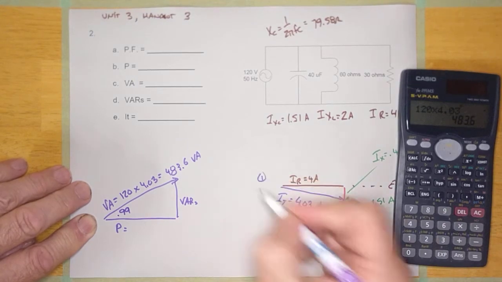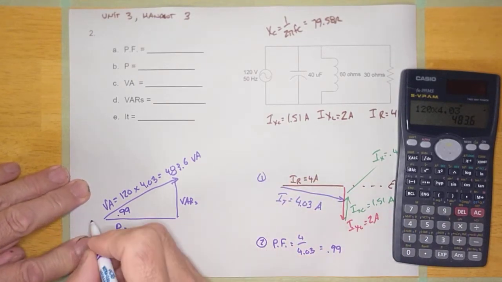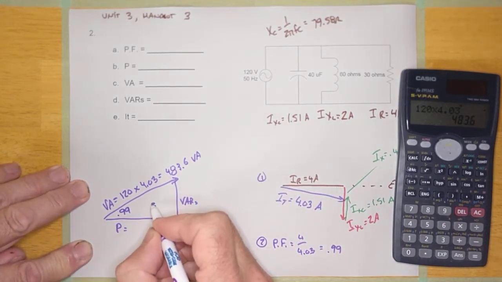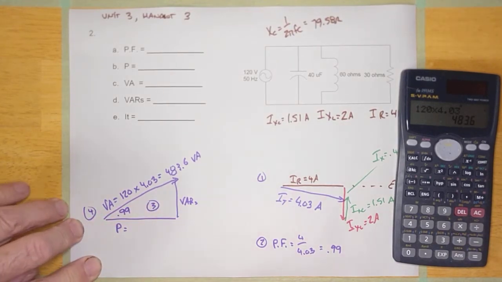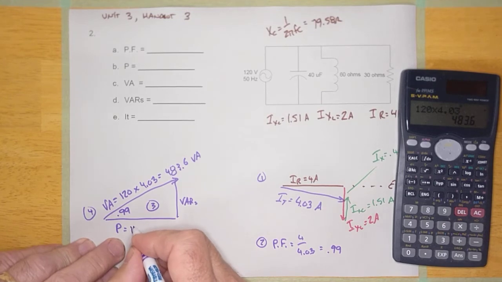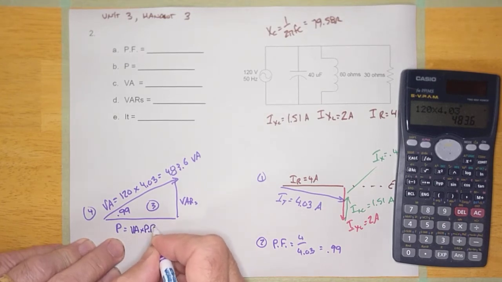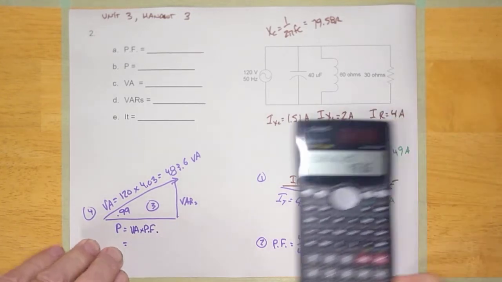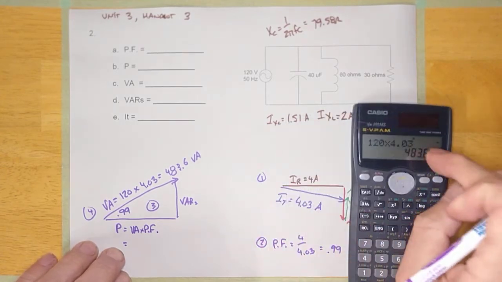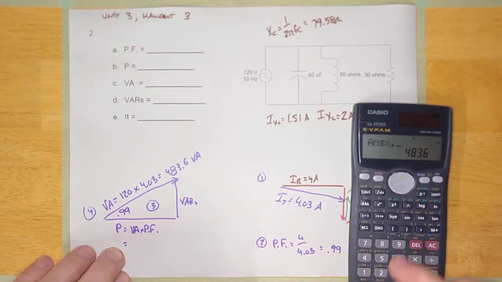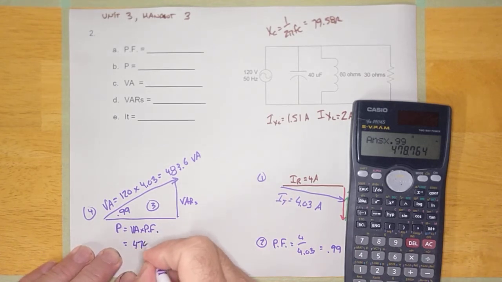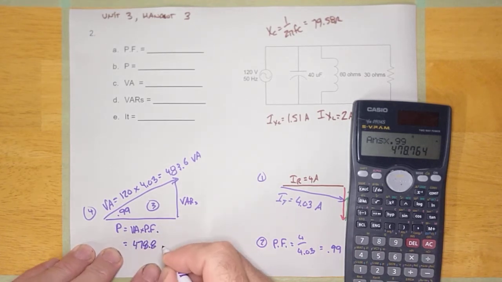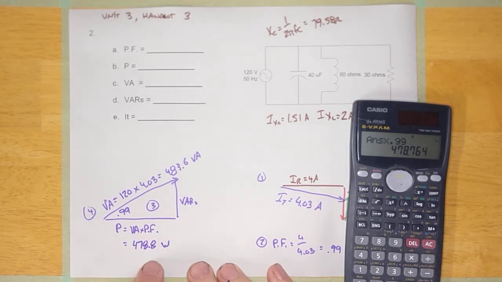So this was step 1, this was step 2, this diagram was step 3, there's 4. Step 5 is to calculate these two. Power is always the VA times the power factor, so it's this VA right there times 0.99, which is 478.8 watts.